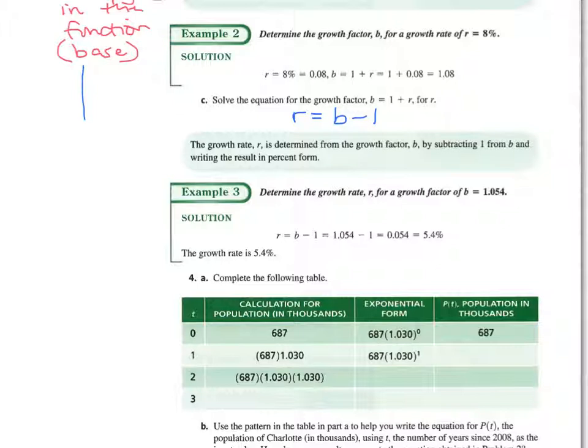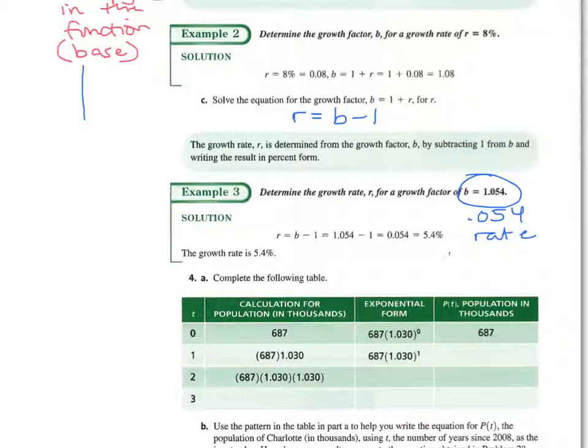Okay, so let's see, example 3. Determine the growth rate for a growth factor of B equals 1.054. I don't have to use any of these formulas. If I know that every year, or whatever this problem is about, I'm multiplying by 1.054, the 1 is just keeping the initial amount going, and the 0.054 is our rate.